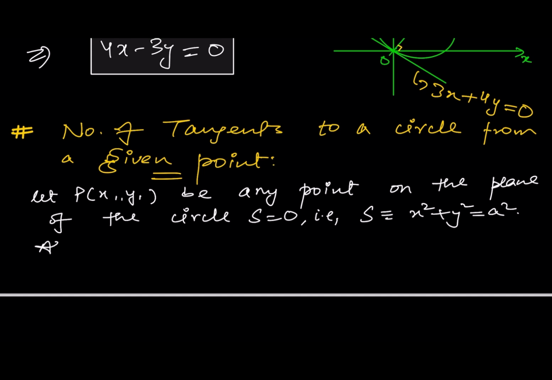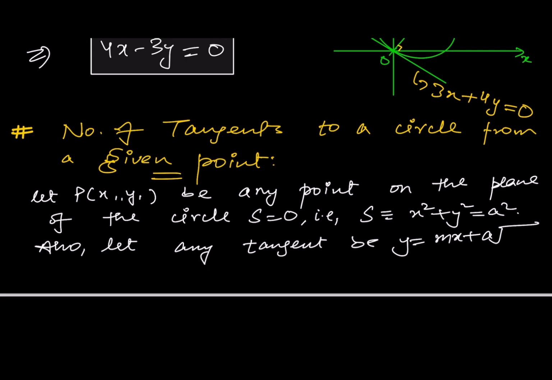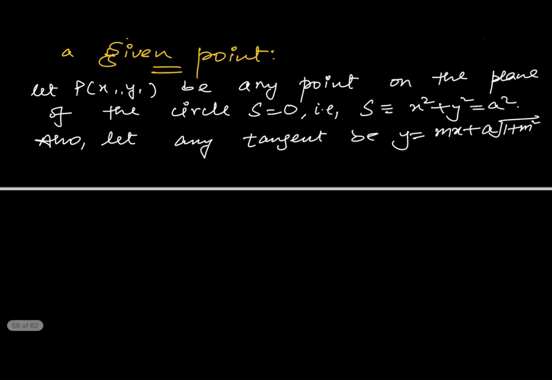Also, let any tangent be y = mx + a times root over 1 + m square. If this tangent is passing through P, then the point P will satisfy this equation of tangent.